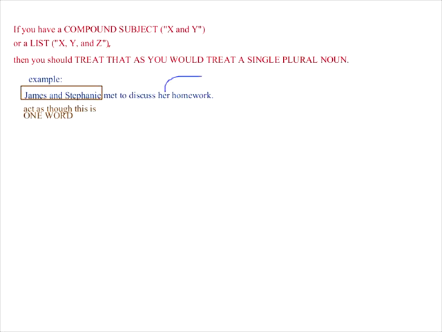Like you can't use a pronoun to refer to half a word. So it's a difficult concept, but James and Stephanie, as far as you're concerned, is one piece. This is like using a pronoun to refer to half a word, like the first 4 letters of an 8-letter word. You can't do that.